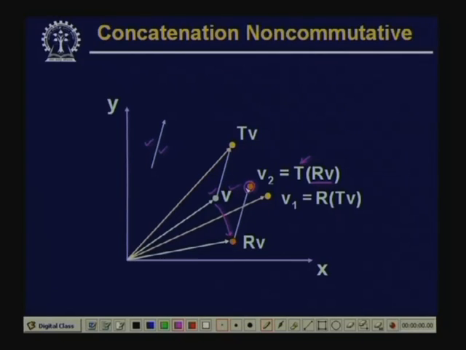So, the point V2 is obtained from V first by applying the rotation transformation R, followed by applying the translation transformation T.